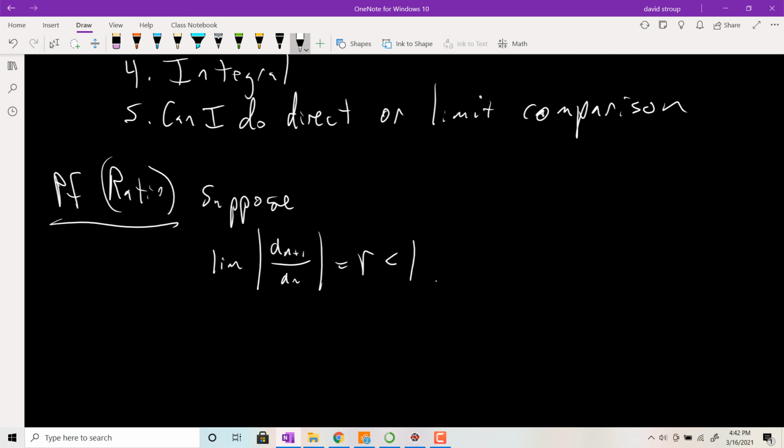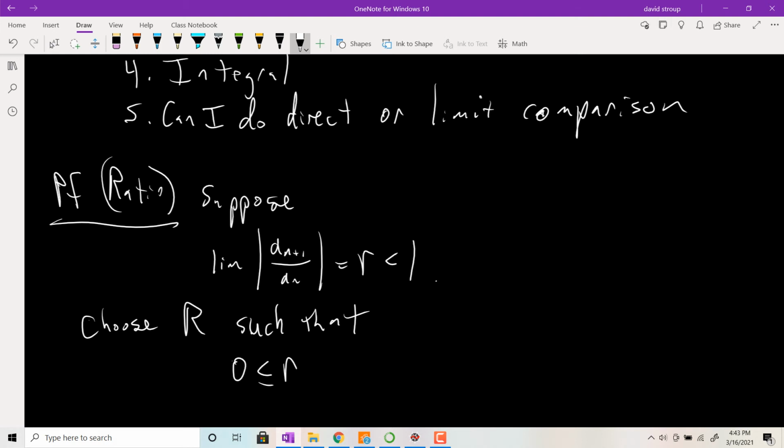Then I'm going to choose some value in between r and 1 and call it big R. So choose a big R such that r is in between. First off, r, the limit of this thing, is greater than or equal to 0, because we're taking the limit of positive things. There's no way that it's going to be less than 0.